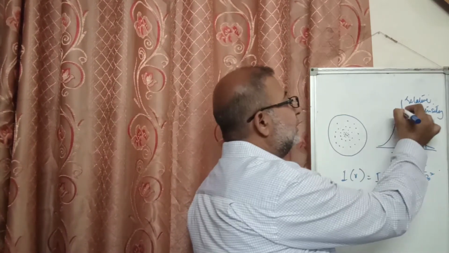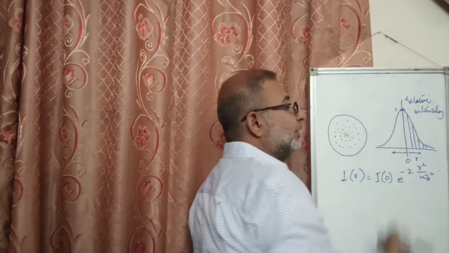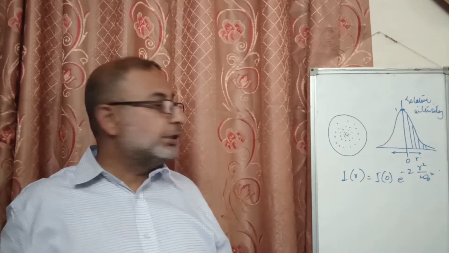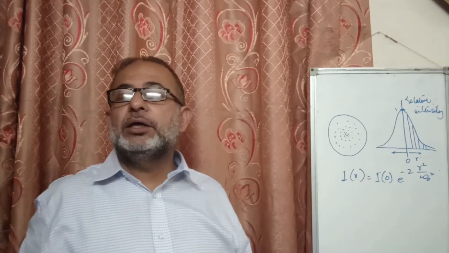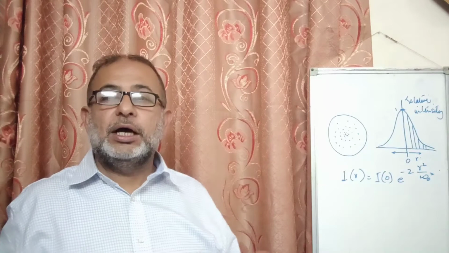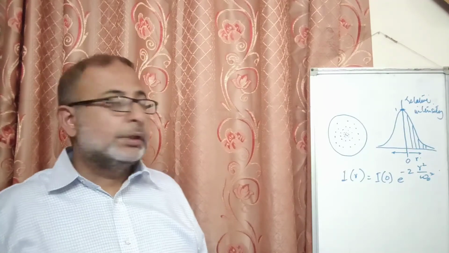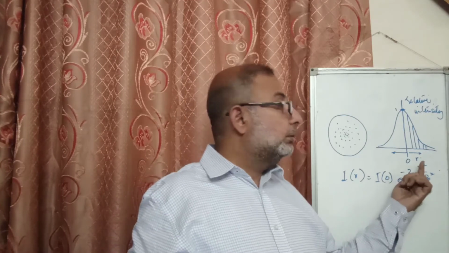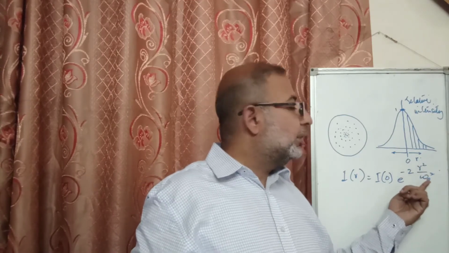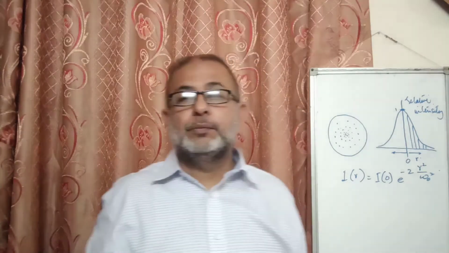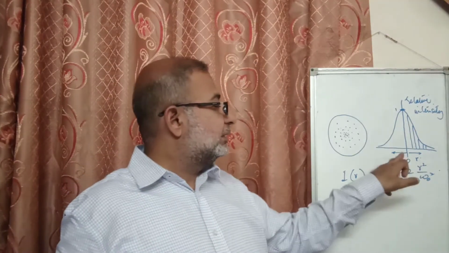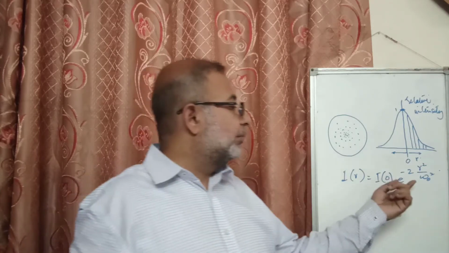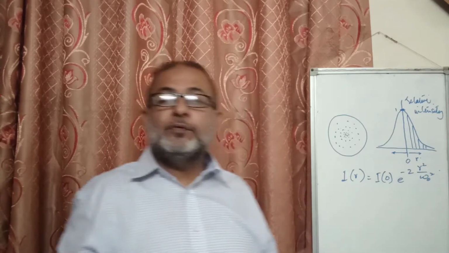This is the relative intensity, but the actual intensity is given by I of 0 or I naught. Then we have exponential of minus 2 R square over W naught square. R is the distance at which we are finding out the intensity, and W naught is the mode field radius.